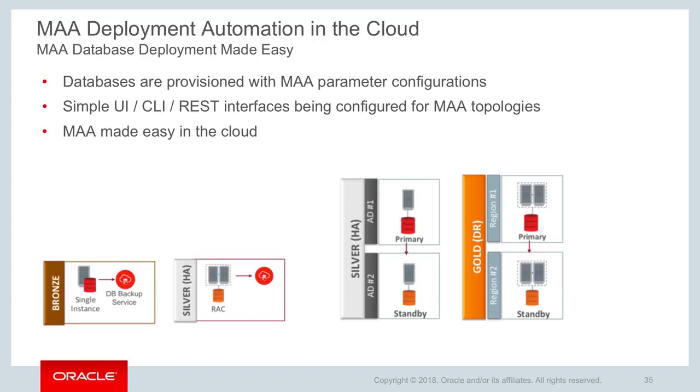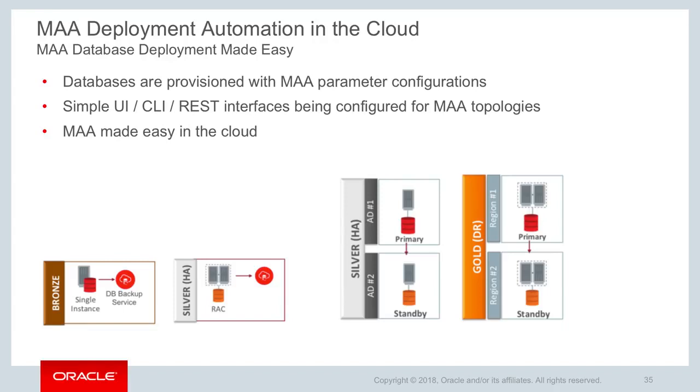We can now look at the maximum availability architecture database deployment. All databases that are deployed in OCI DB systems are provisioned with maximum availability architecture parameter configurations. And these databases can be provisioned with the simple user interface or CLI or REST interfaces.